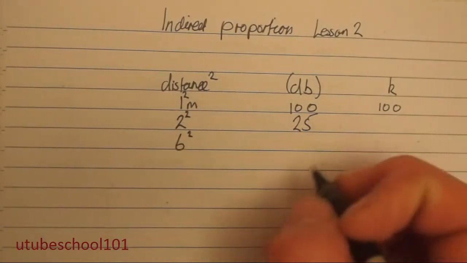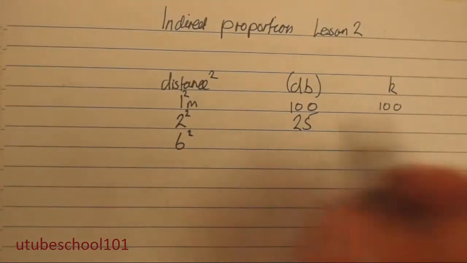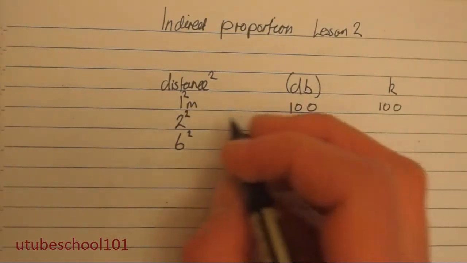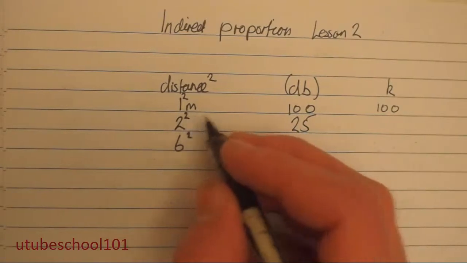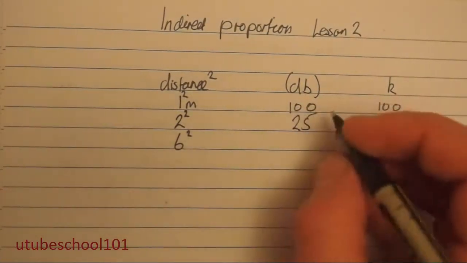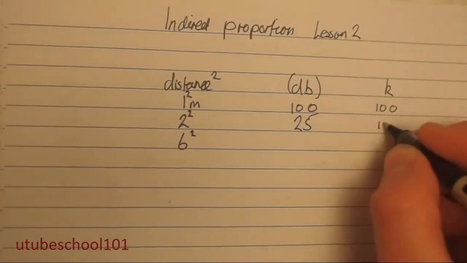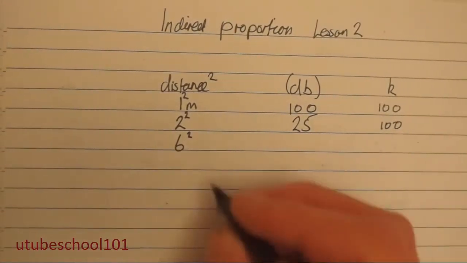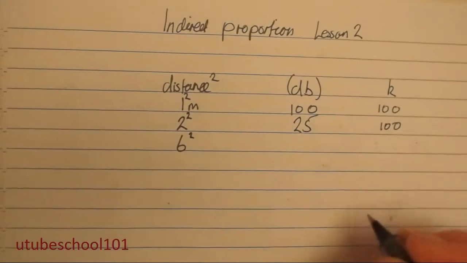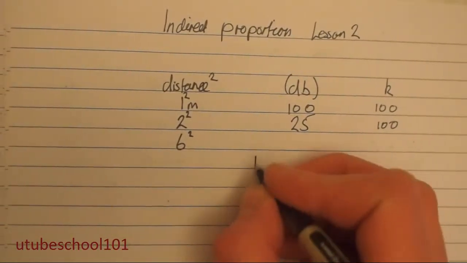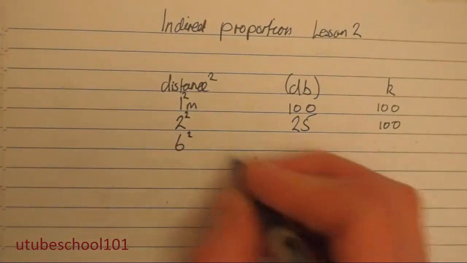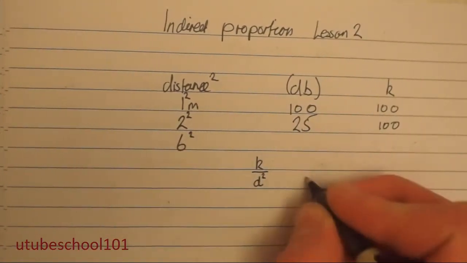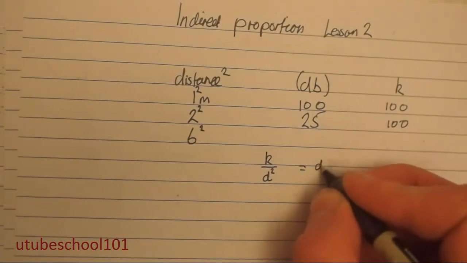Now let's check it. We've got the luxury of 2 examples, so we can check it again to make sure we're right. We've got 2 here, 2 squared is 4, and 4 times 25 is 100. So this shows that K is definitely 100. We can begin to write this in our equation: K divided by the distance squared equals the decibels.